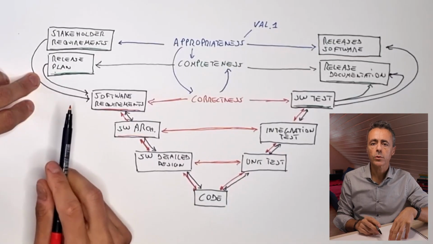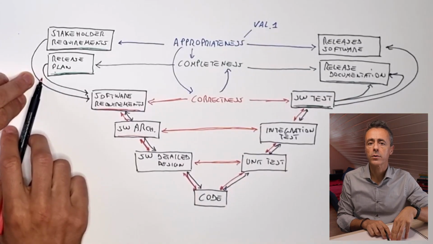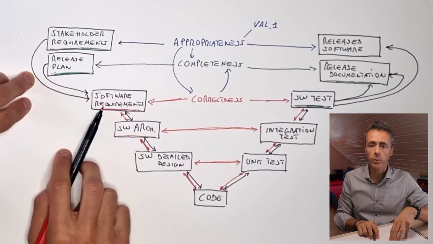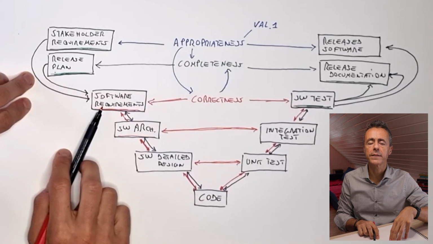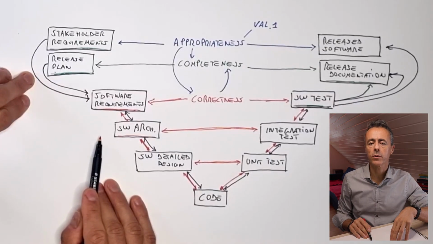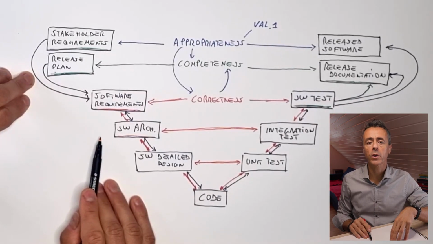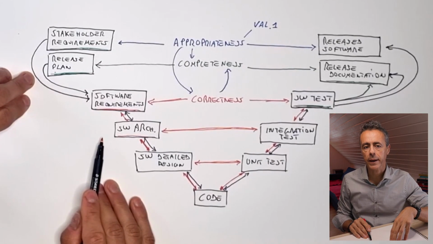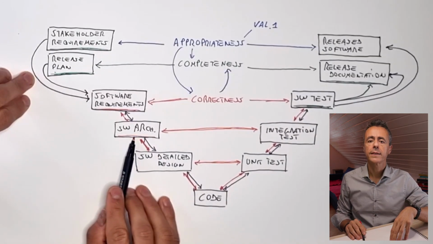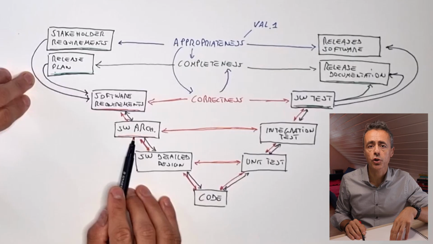To ensure correctness, you first need to know which functionalities or features you must implement. Then you have to have a full set of software requirements, consistent, that means correct and complete, with the stakeholder requirements. Second, you must ensure that the expected behavior of the software, expressed by software requirements from a black box perspective, is also reflected in behavior of the software components that are defined in the software architecture.